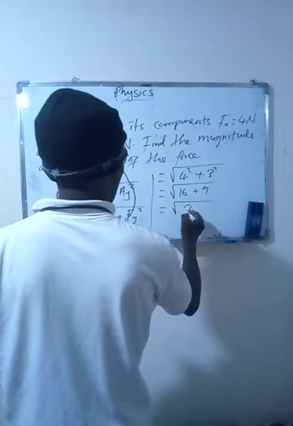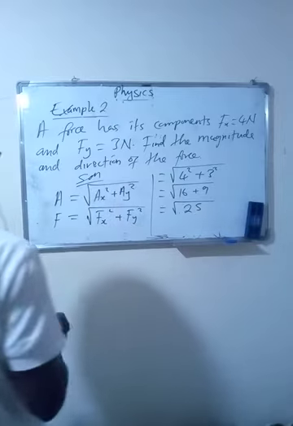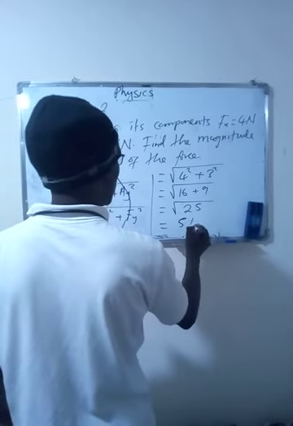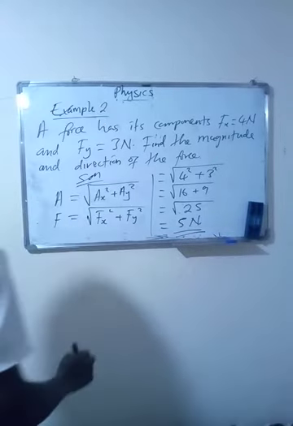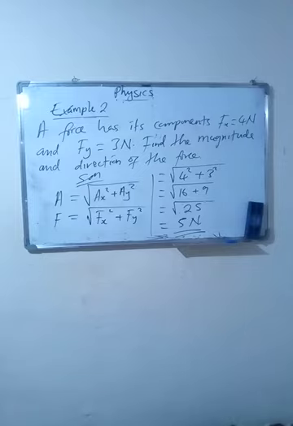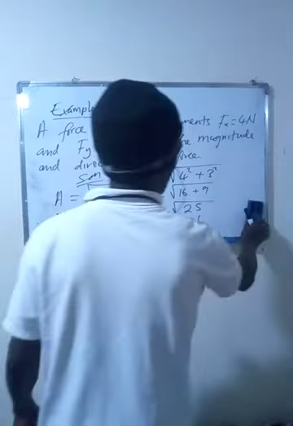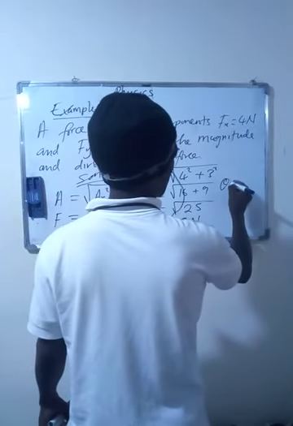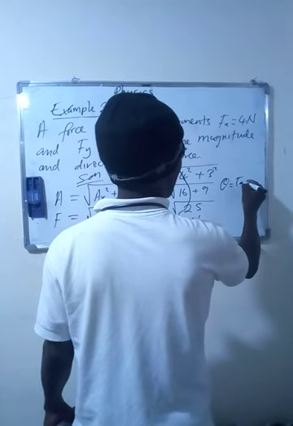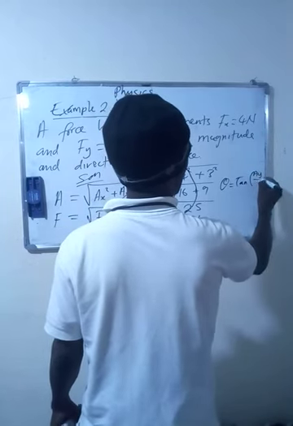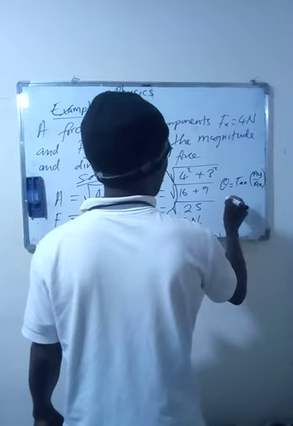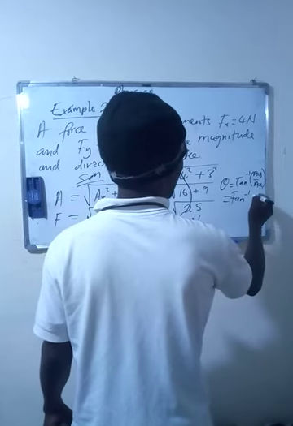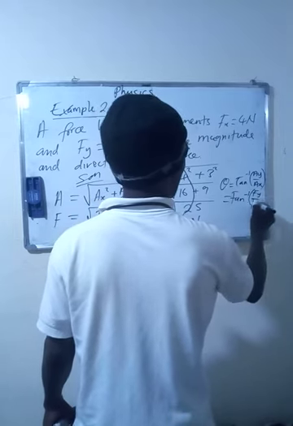Now let's calculate the direction. Remember, we said that tan theta is equal to Ay over Ax. So in this case, theta is tan inverse of Fy over Fx, which is tan inverse of, no, that is 3 divided by 4. Let me get my calculator.